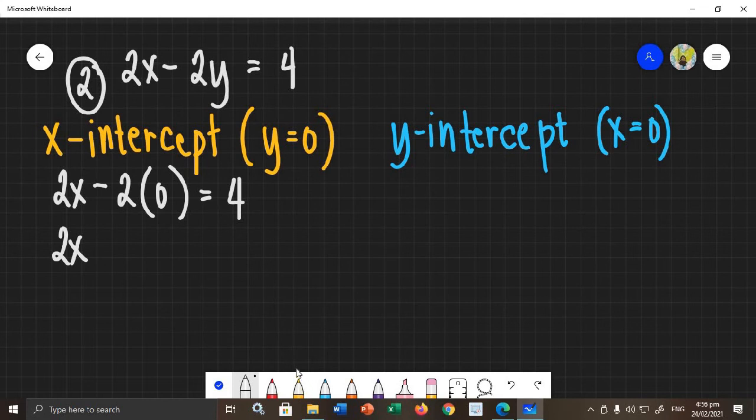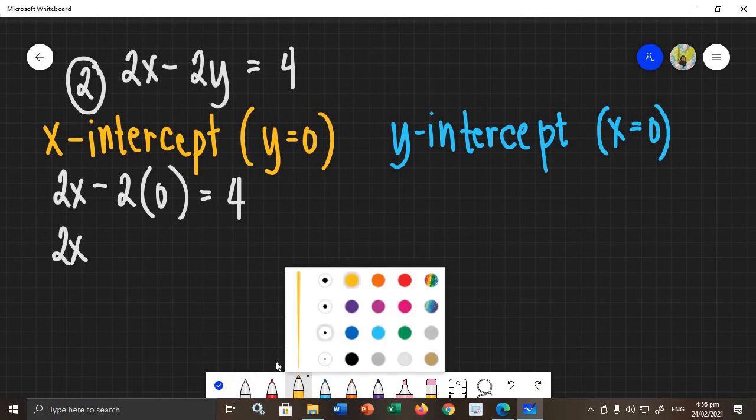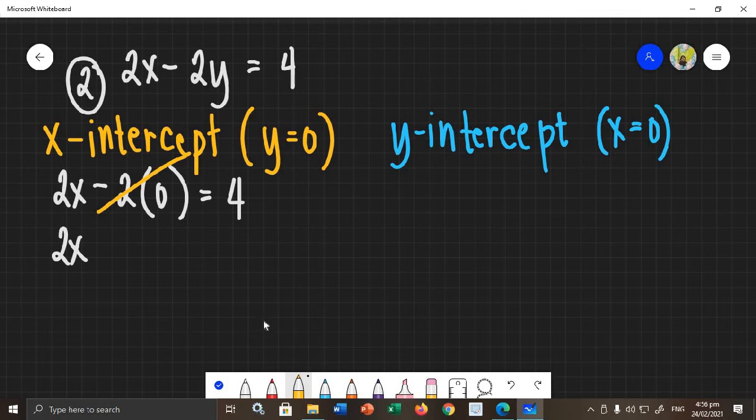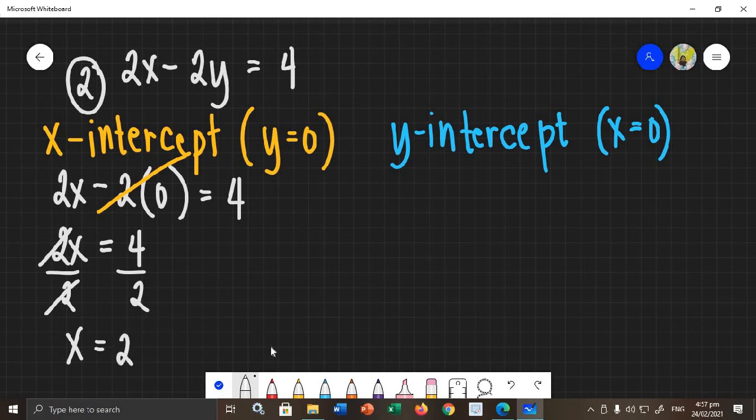Kasi 0 lang naman yung lalabas. Or kahit na ang gawin nyo is minus 2 times 0, it will become minus 0. 0 lang din yung lalabas. So, just cancel it out. And then, sulat na lang natin is equals 4. Then, to get rid of 2, divide natin both sides by 2. X now is equal to 4 divided by 2, or 4 over 2, is simply written as 2.